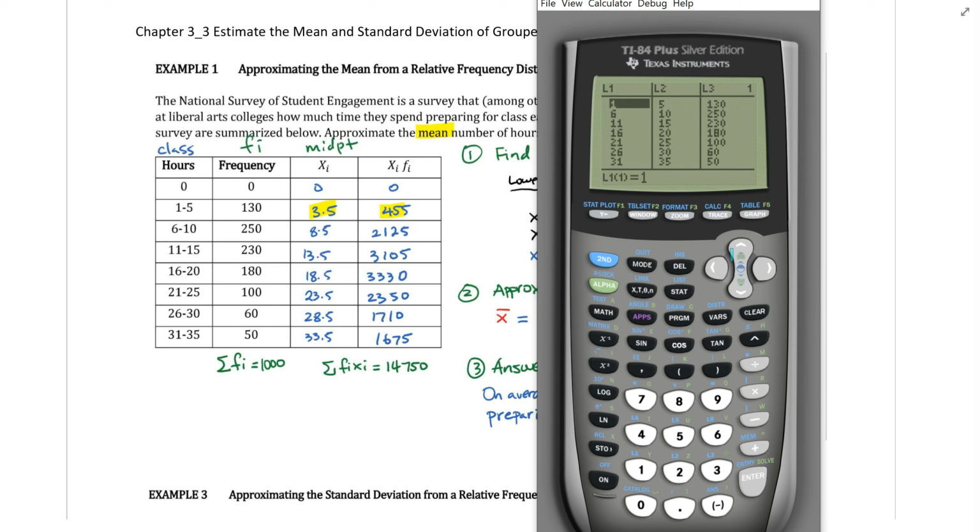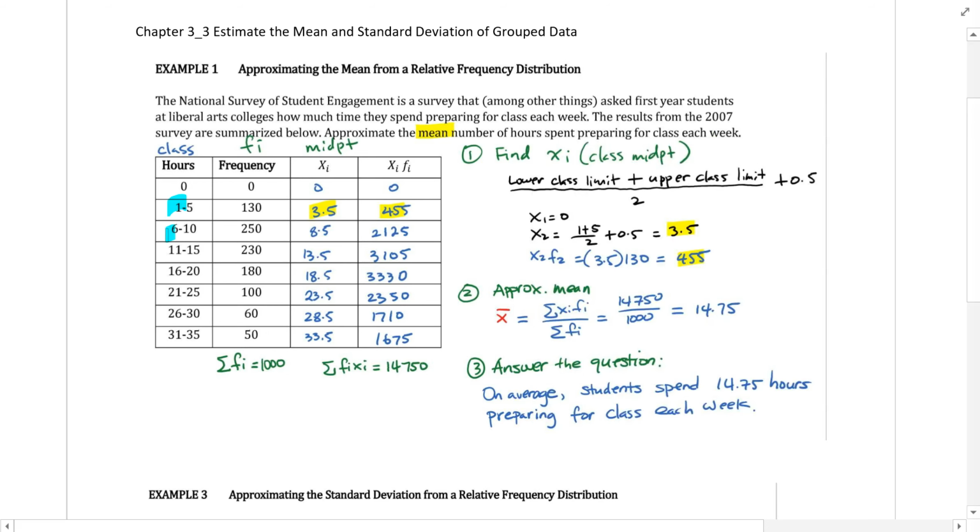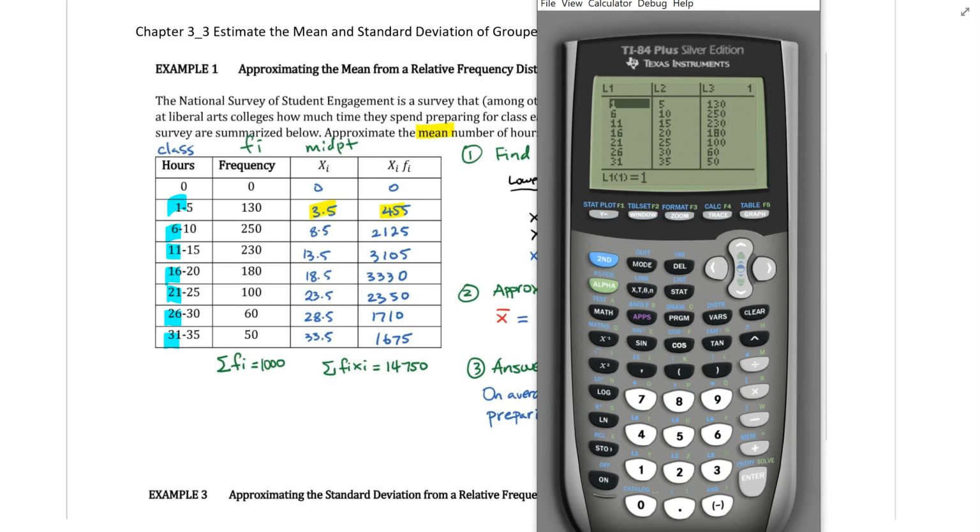It doesn't change the data. So I just start with 1, and then the lower class limit 1. Notice that this is 1, 6, 11, 16, 21, 26, 31, and that's what I entered in L1. Same thing in L2: I have 5, 10, 15, 20, 25, 30, 35. That's where I enter L2.